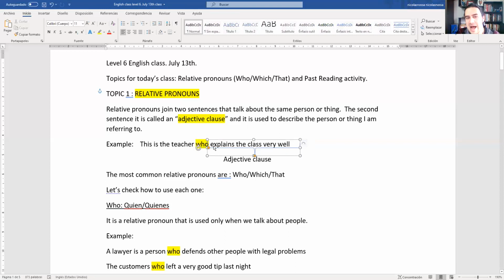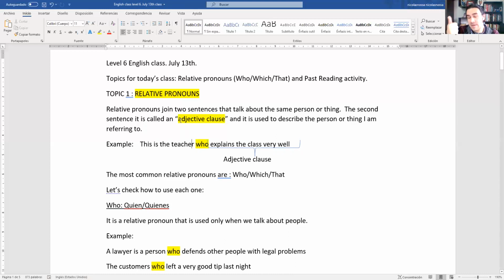The second sentence is a description of whom? The person. In this case, the person is a teacher. That's how the relative pronouns work, okay?